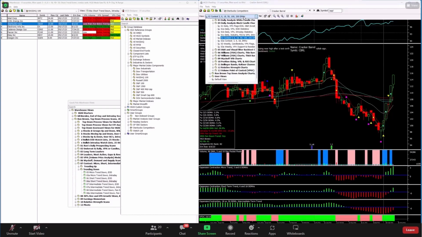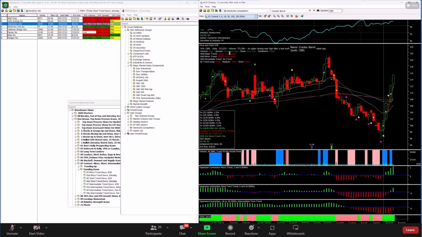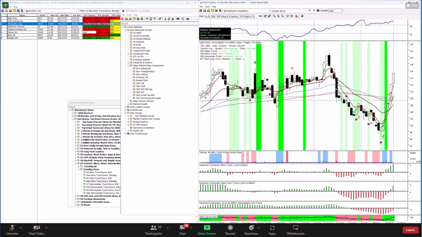Now let me just digress a minute here. I'm going to go down to my folder number 5, undercut and rally. Now see this here, these light green bars, even though these are negative, and this is the same chart because it gives me this information down here plus the group.